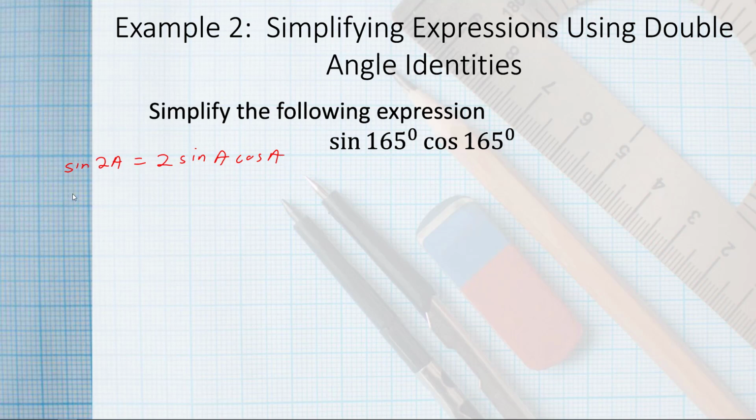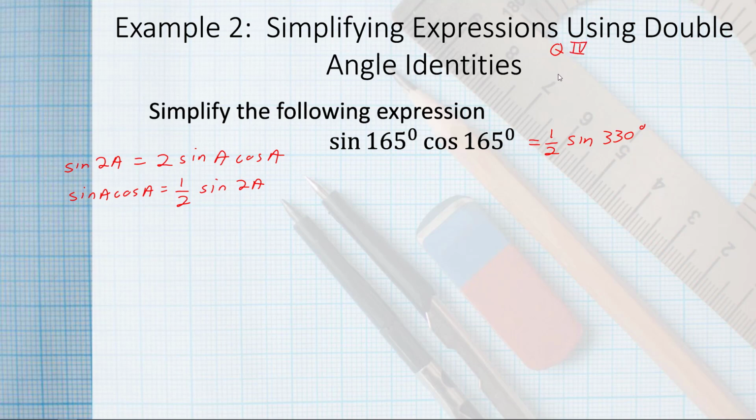Well, if that's the case, then the product of sine a and cosine a is going to be equal to 1/2 the sine of the double angle, 2a. Well, here we have the product of sine of 165 degrees and cosine 165 degrees, and this will be equal to 1/2 times the sine of twice this, which would be the sine of 330 degrees. Now, if you recall, 330 degrees is in quadrant 4.